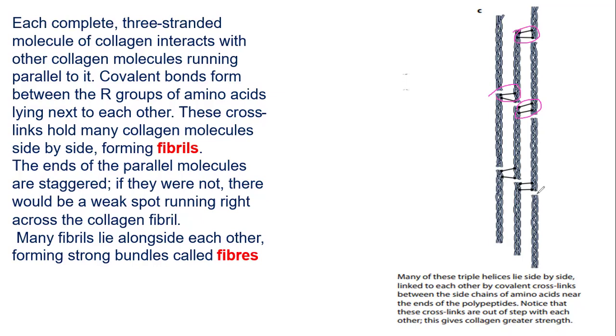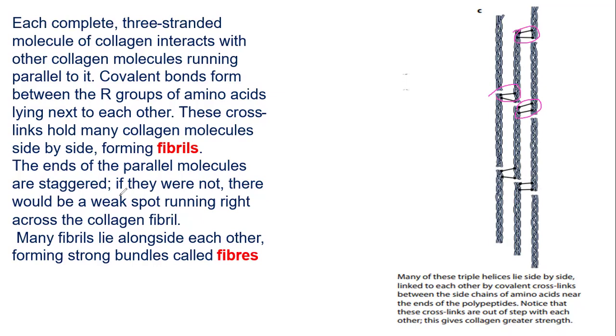You can see this end is here, then the end for these two is here, the end for this is here. That staggering means the collagen does not have any weak spot running right across the fibril.